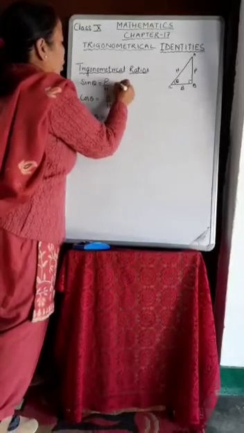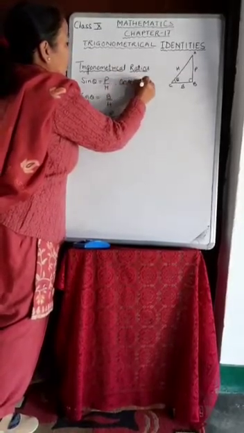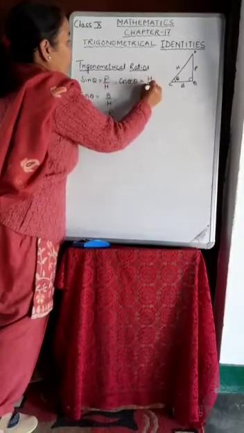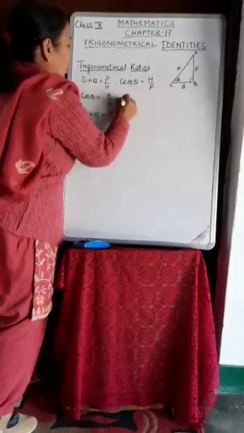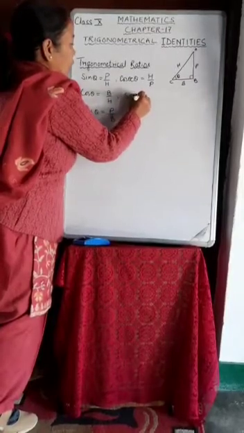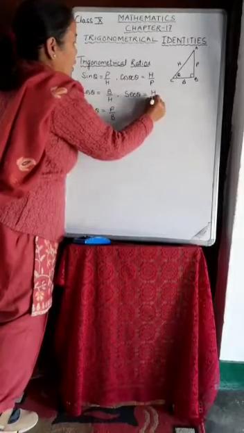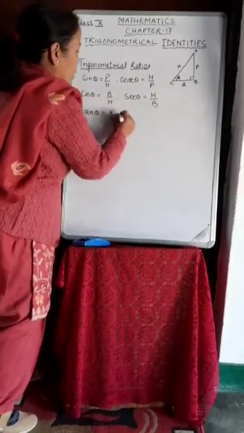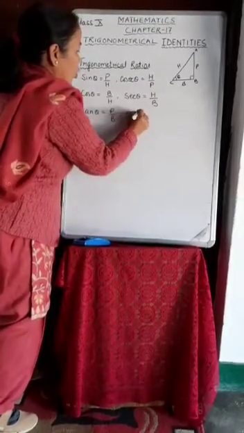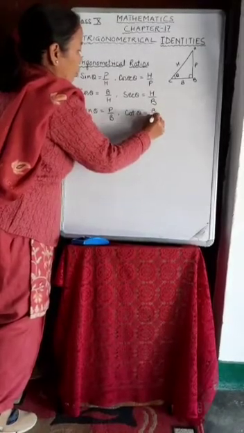The reciprocal of sine theta is cosec theta, which is equal to H upon P, and the reciprocal of cos theta is sec theta, which is equal to H upon B, and the reciprocal of tan theta is cot theta, which is equal to B upon P.